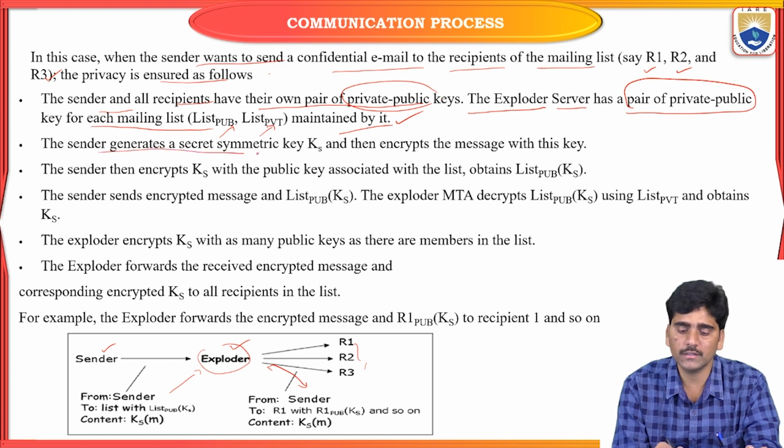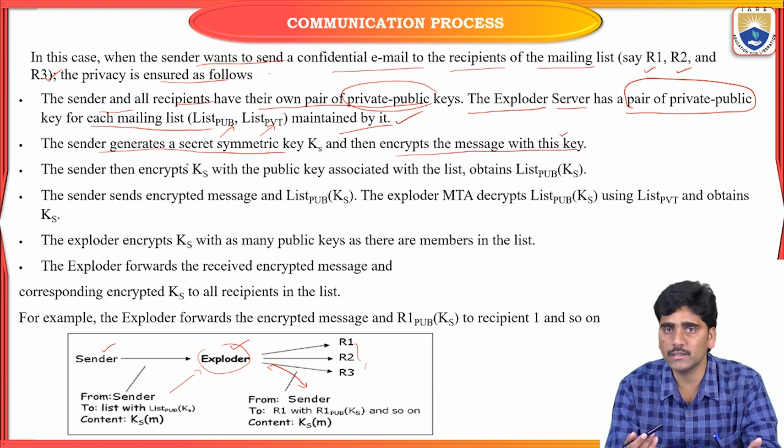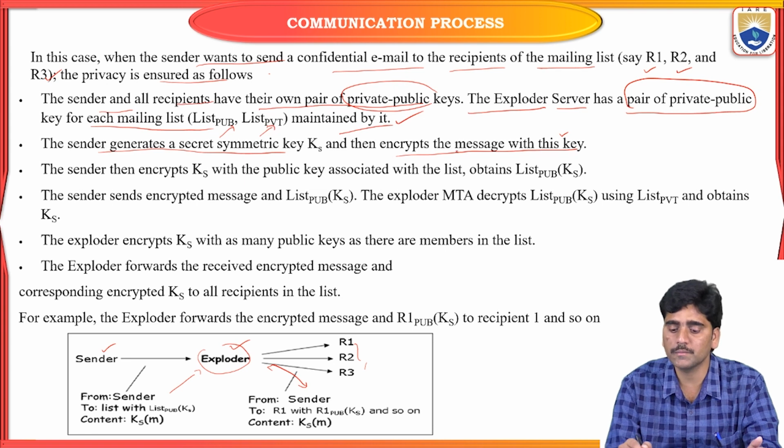Now the sender generates a secret symmetric key KS and then encrypts the message with this symmetric key. The sender then encrypts KS with the public key associated with the list. The list of public keys and the list of private keys are available in the exploder.